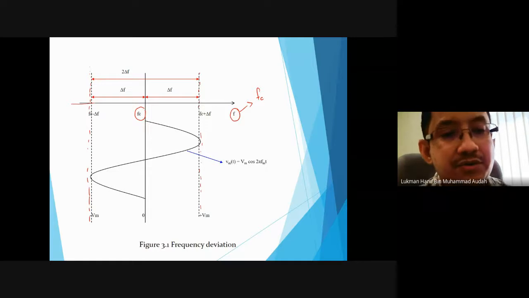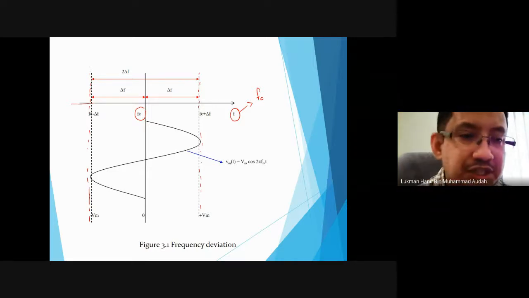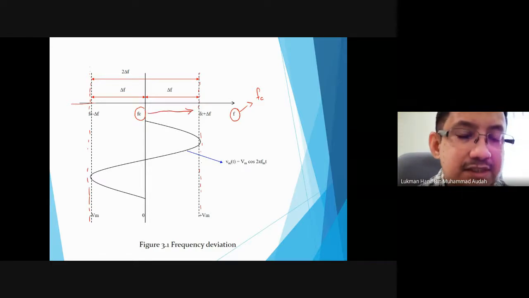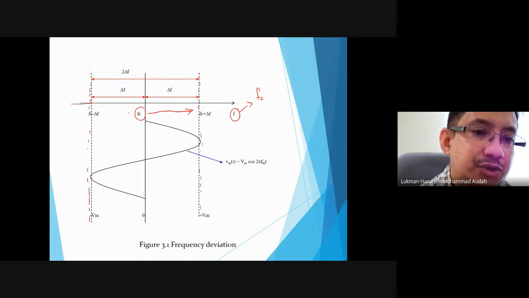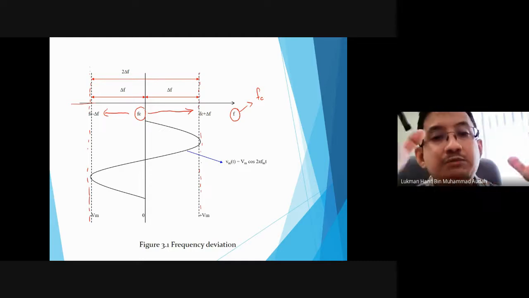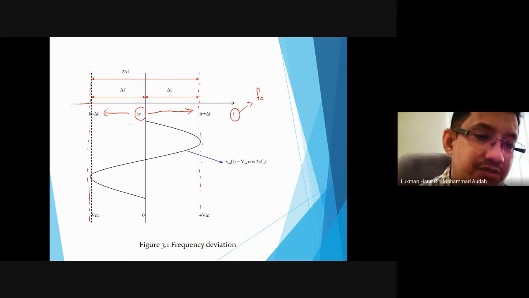Okay, so you see that the carrier frequency change from Fc until Fc plus delta F, and also change from Fc until Fc minus delta F. So maknanya dia berubah-ubah dalam julat tertentu daripada keadaan rehat. So we call it, this is a rest frequency.